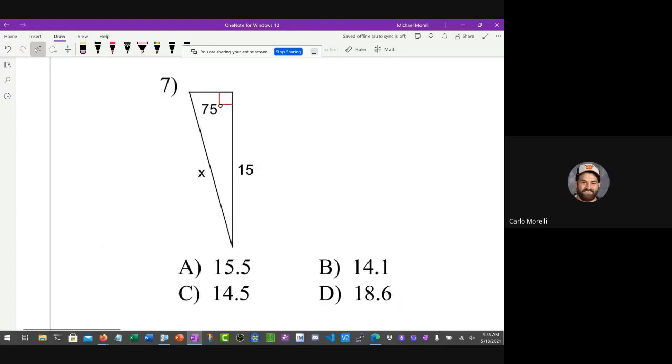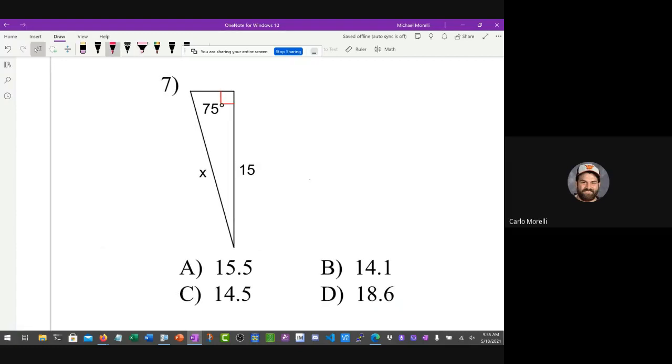Okay, moving on to number 7. This looks a little visually confusing. They're actually giving you this top left angle of 75 degrees. So your eyeball is up there in the top left, looking down. From the perspective of the eyeball, 15 is the opposite side.